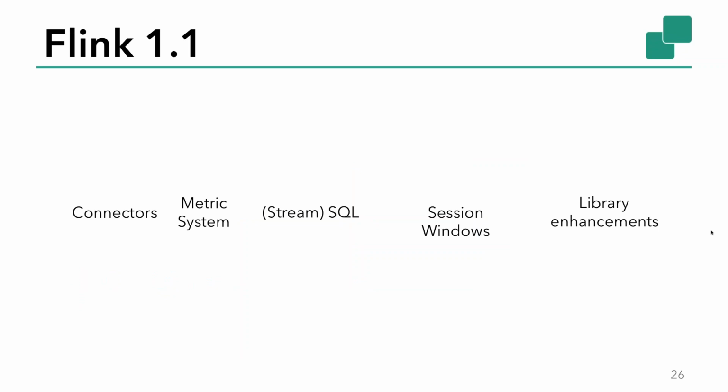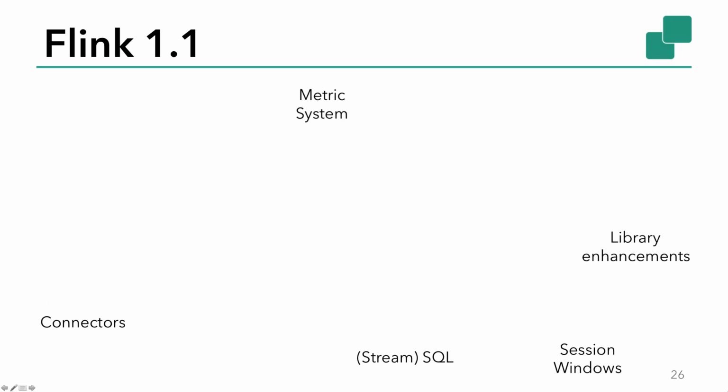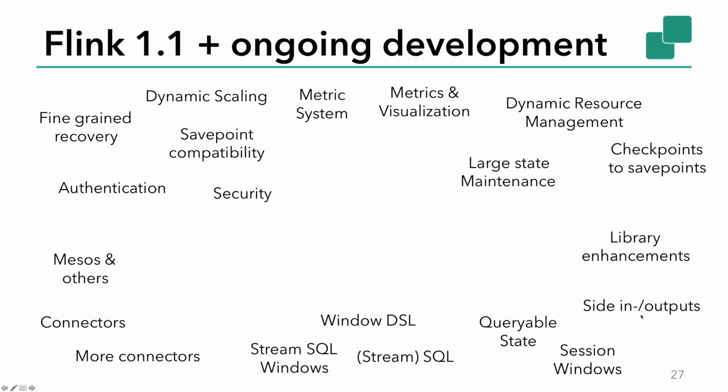A bunch more connectors, in particular to Kinesis and Cassandra, a metric system, the first version of SQL on streams, session windows, and enhancements to the libraries, in particular the CEP library. If you combine that with the work currently underway in Flink, you get this. So there's a lot happening in many areas.